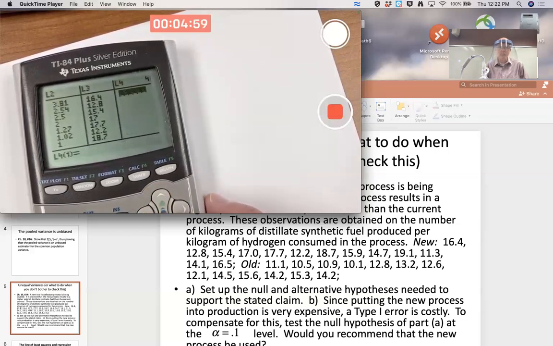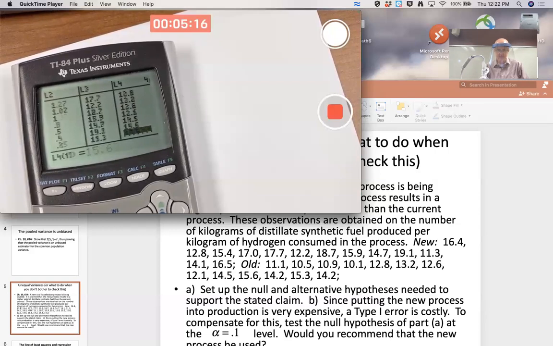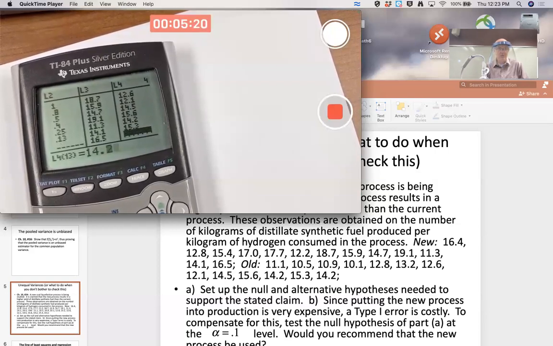And then list 4, I'll do the old numbers: 11.1, 10.5, 10.9, 10.1, 12.8, 13.2, 12.6, 12.1, 14.5, 15.6, 14.2, 15.3, and 14.2.